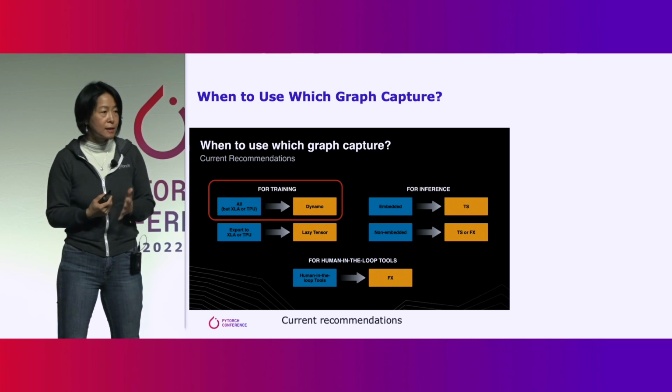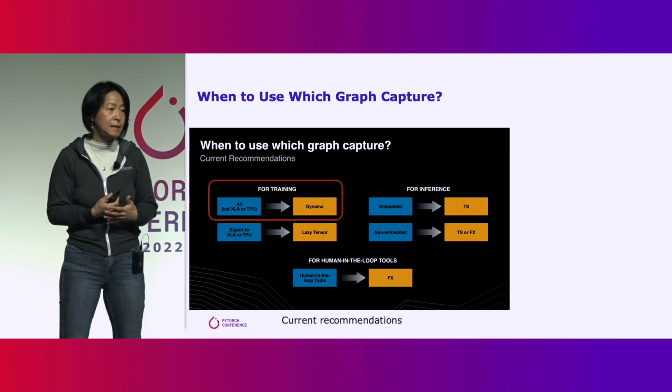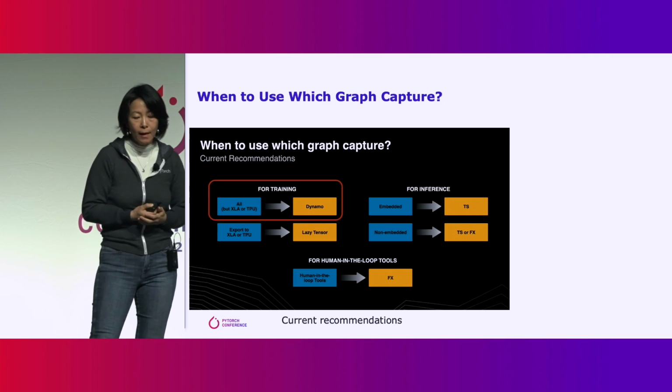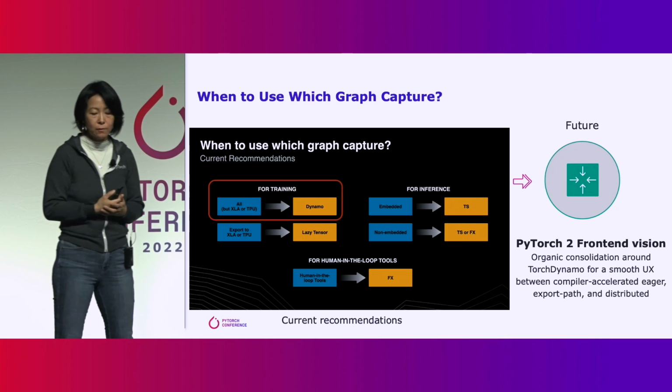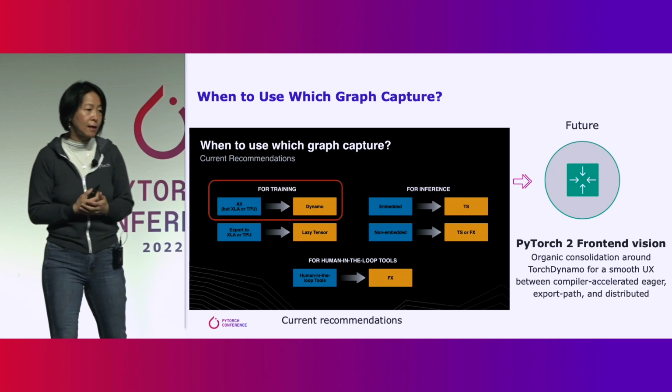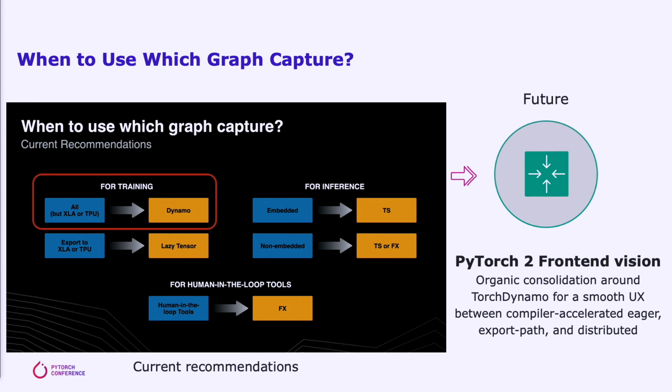For all the other scenarios, which we call the export path scenarios, our existing solution still works. But in the future, actually not so far future, we want to have an organic consolidation of front-end technology around TorchDynamo. It has always been our vision to have a unifying front end and a vibrant, thriving back-end ecosystem.